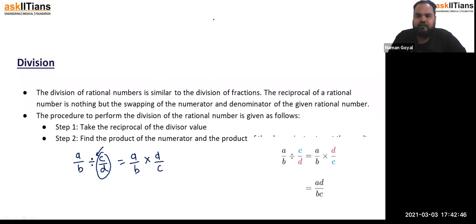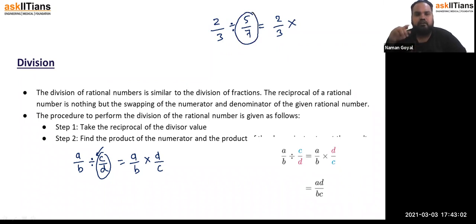Okay. So if I'm asking for 2 upon 3 divided by 5 upon 7, then this can be written as 2 upon 3 multiplied by, the divide sign is replaced by the multiply sign, and the quantity after division becomes its reciprocal. So it becomes 7 upon 5. So the answer for this particular question is 14 upon 15.